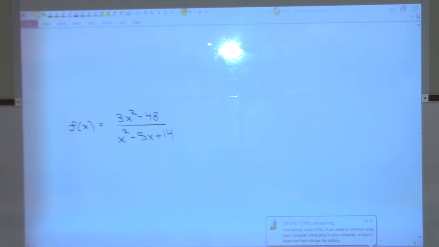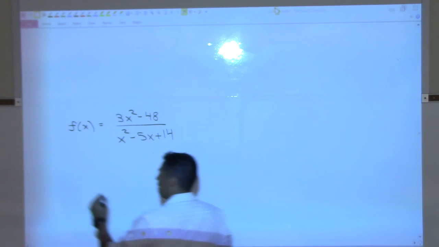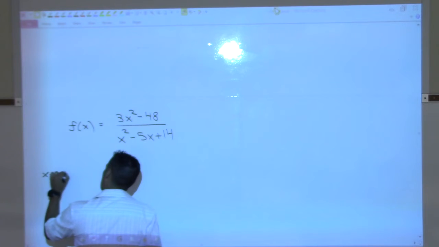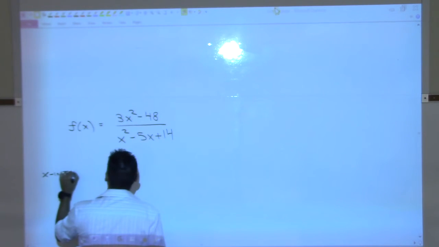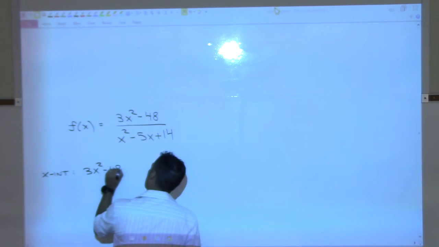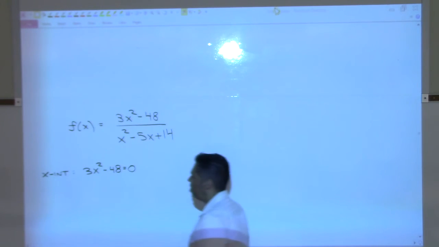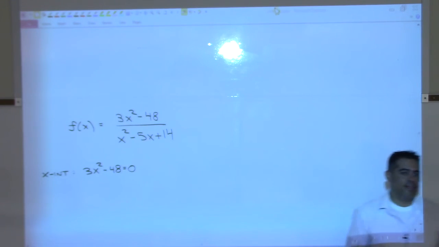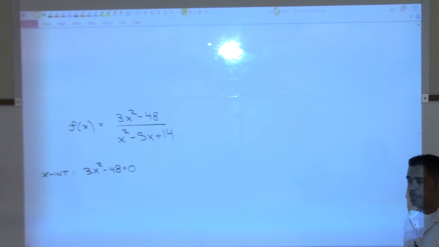If you set that numerator equal to 0, you'll have a quadratic, right? You set the numerator equal to 0, and then you try and solve that. It's a quadratic that's missing the x term.